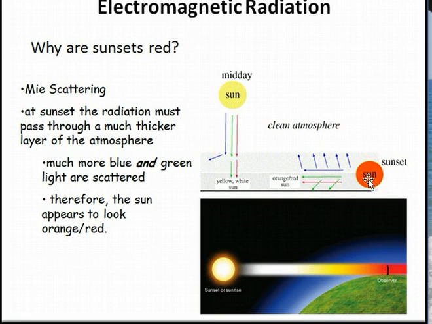And so as that electromagnetic radiation is passing through more and more atmosphere, those shorter wavelengths are scattered a lot more than the longer wavelengths. So very early on, you've lost most of your blue light, right, as it's traveling through this atmosphere. A little bit closer to you, you start to exhaust your green wavelengths, and what you're left with, what reaches you finally, are just those red wavelengths.